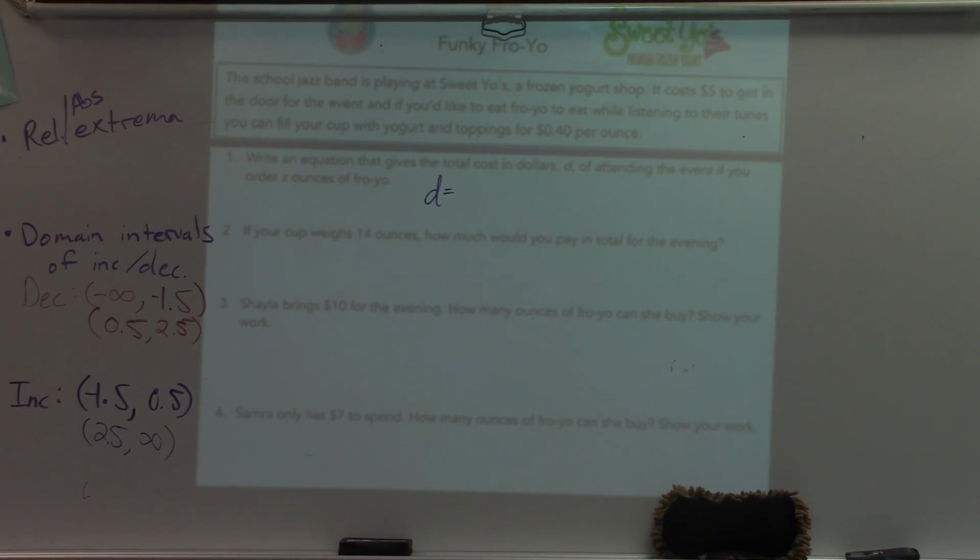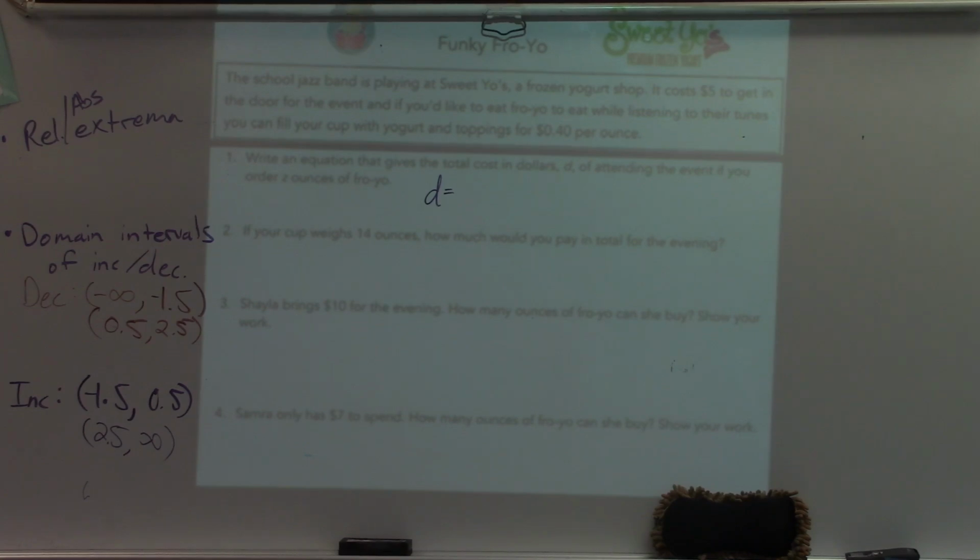Do you know where that came from, Damon? Where did that equation come from? 40 cents per ounce. So why is 40 cents per ounce 0.4 Z? Keep thinking on it. You have to pay $5 when you get in.